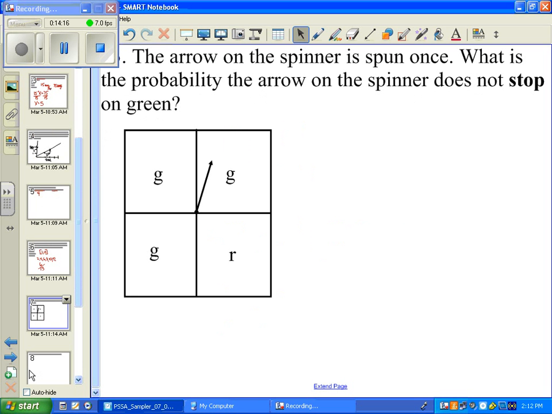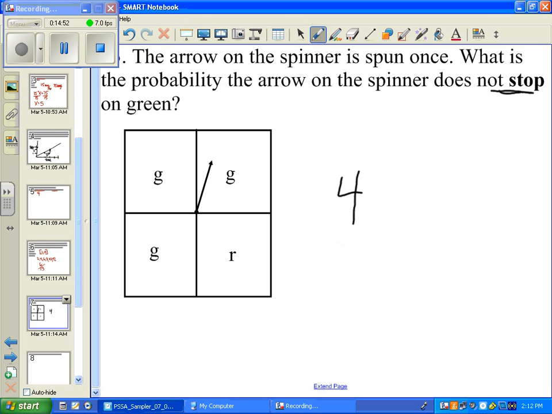This is number 23. The arrow on the spinner is spun once. What's the probability the arrow on the spinner does not stop on green? If you spin this around, there are four places that spinner could land, and they're looking for the one that does not stop on green.